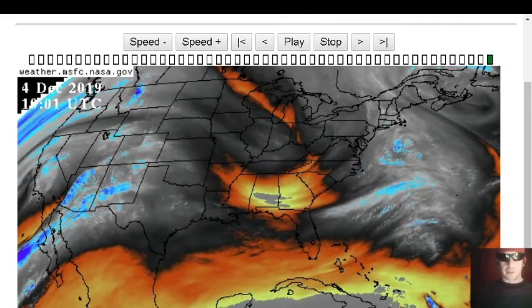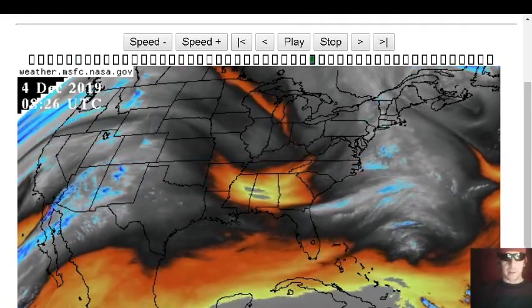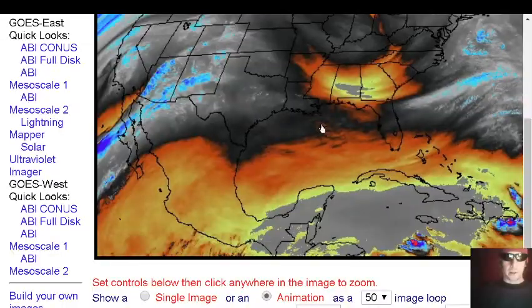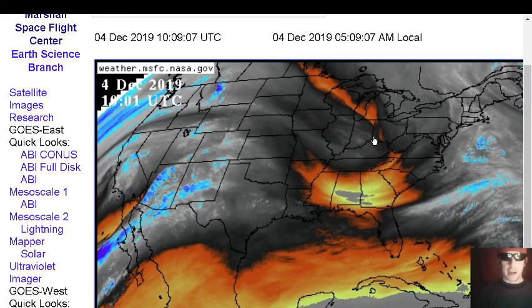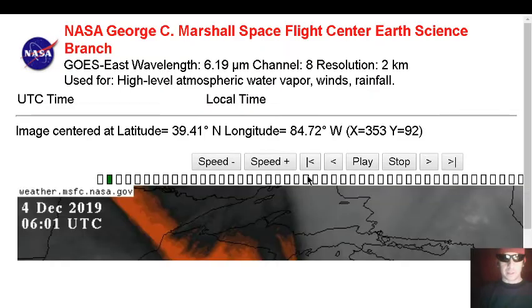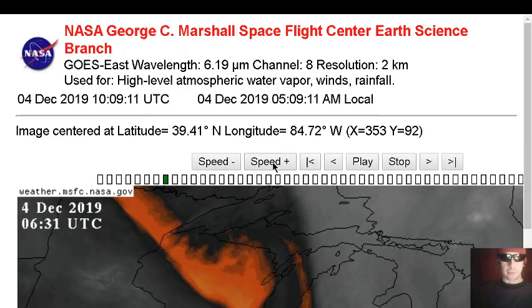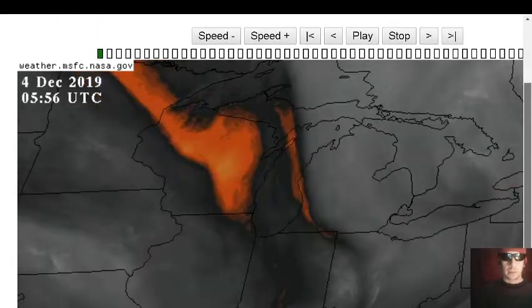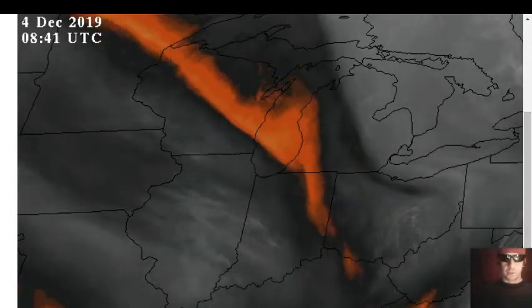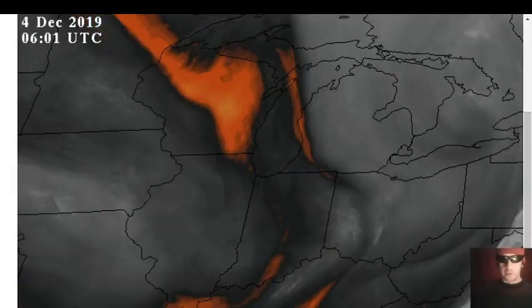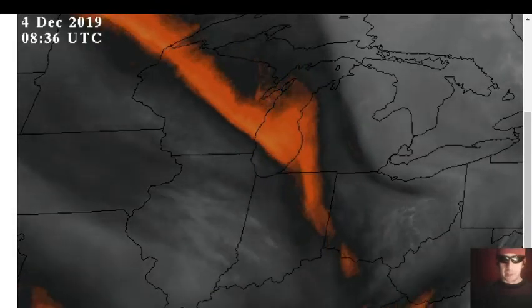And let's look at this odd area here over western Ohio as we see a bunch of dry air connecting. And there's that convergence zone. You can see that dry air kind of snapping together there.